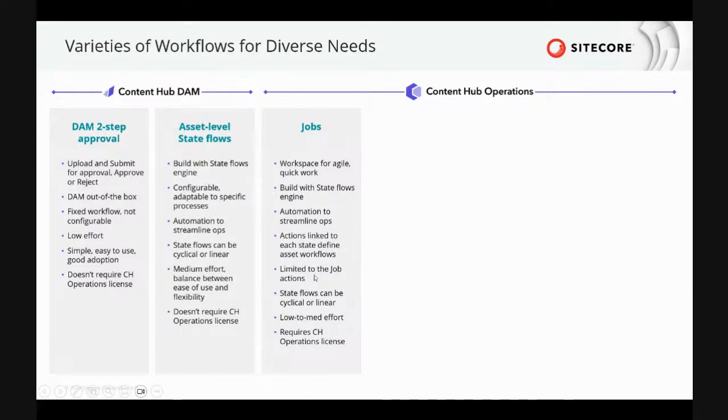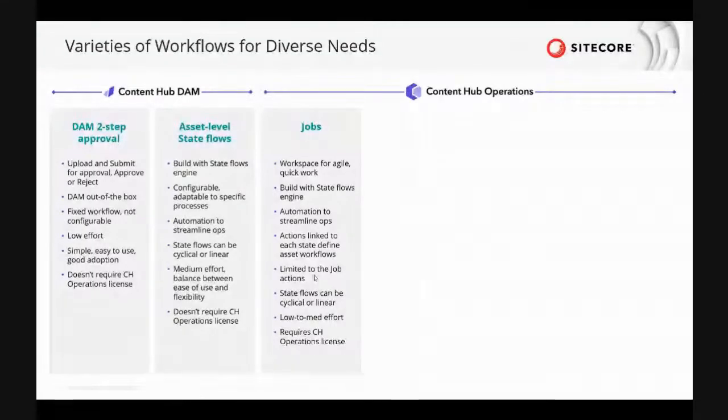And it's also limited to the actual job actions that are available in the product. So I think there are around seven or eight actions available in the jobs state flow engine, and you don't have the option to extend those actions. So still quite flexible and still a very agile way of working.